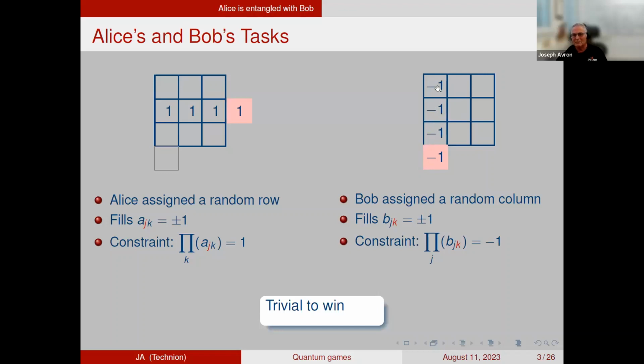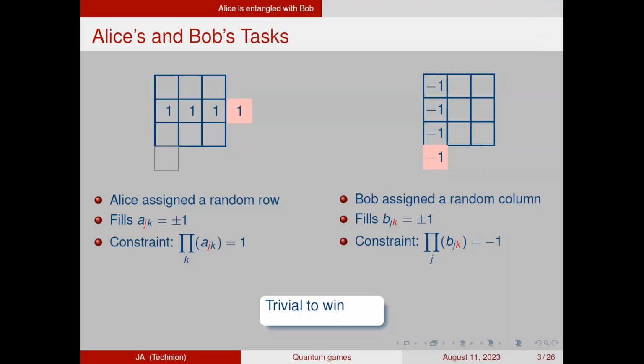And the constraint is that the product of the numbers in his column has to be minus 1. Now, this is a constraint on how Alice and Bob are supposed to fill a random row or a random column. And these random rows and columns are picked uniformly. So any row or any column can arise.